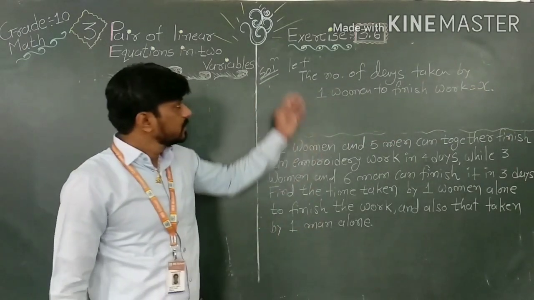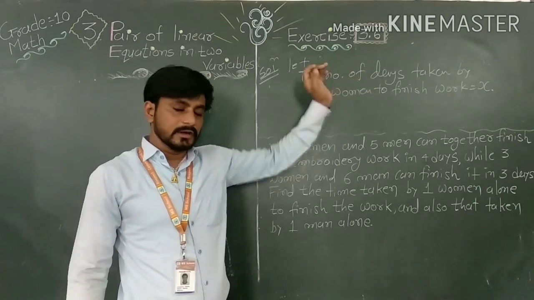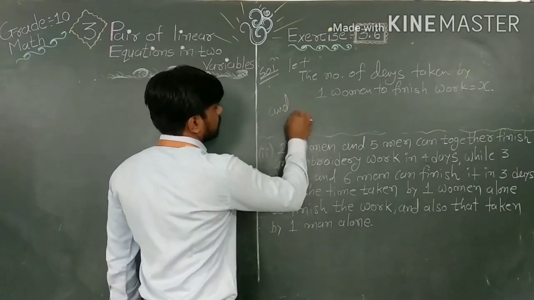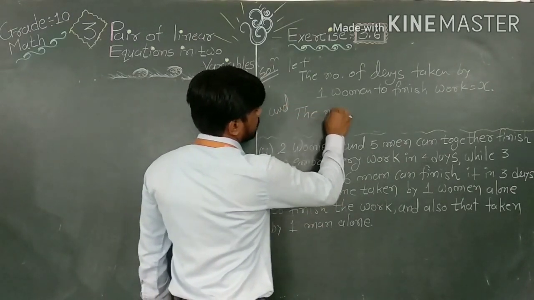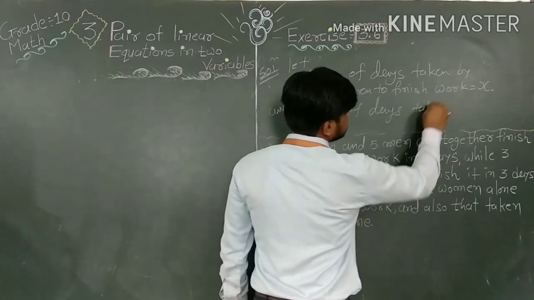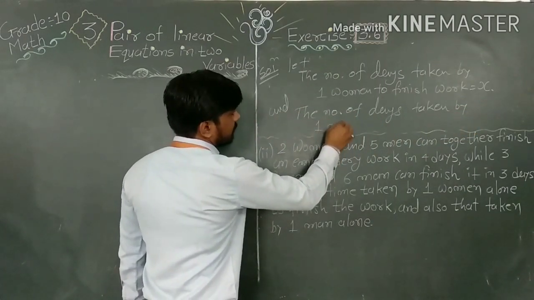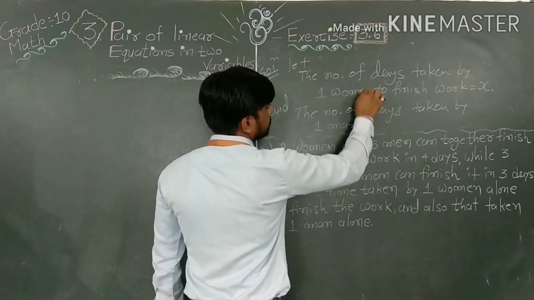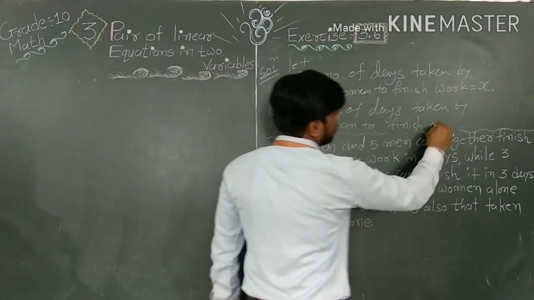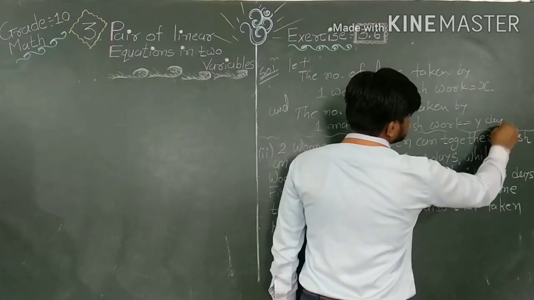Okay, I consider the number of days taken by one woman to finish the work is equal to x, and the number of days taken by one man to finish the work is equal to y days.